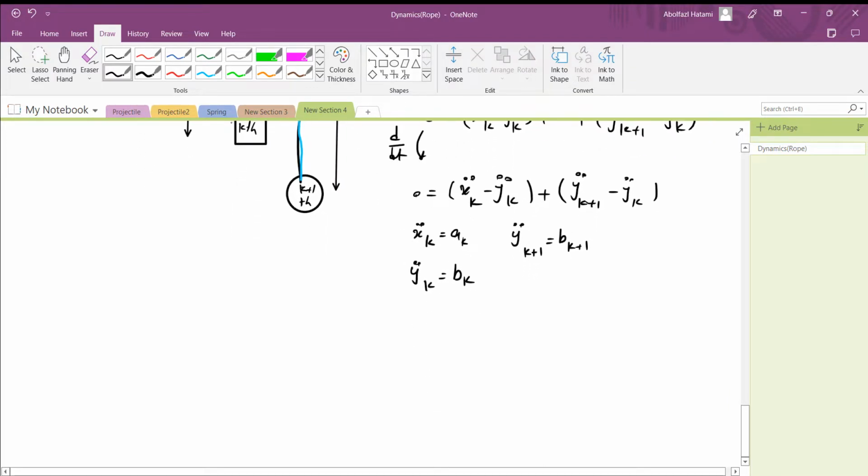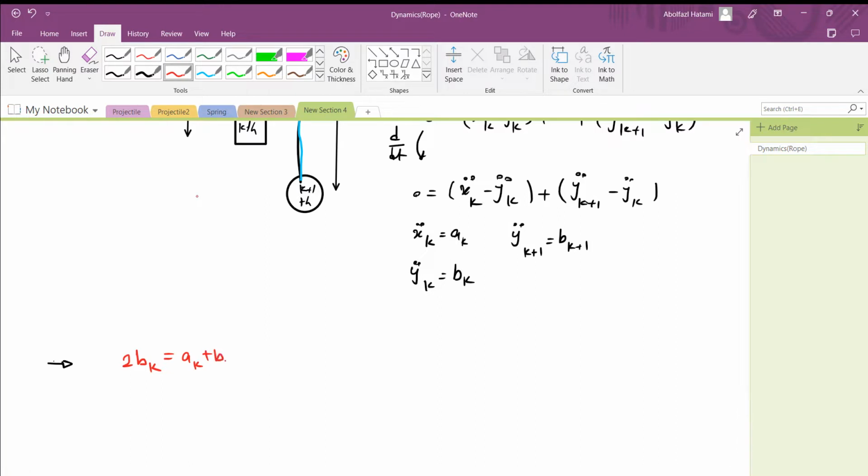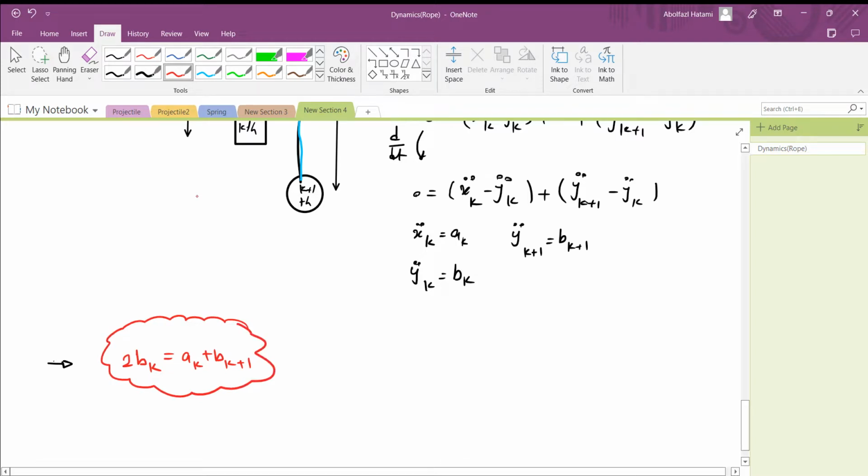So we obtained here that 2bk is equal to ak plus bk plus 1.